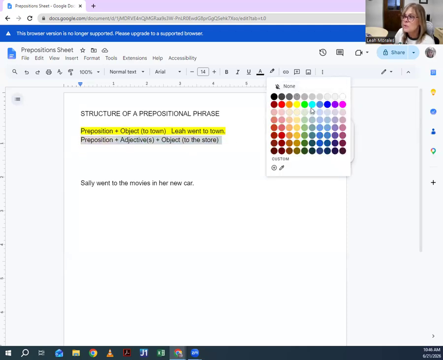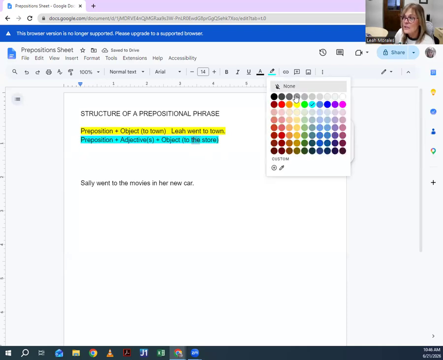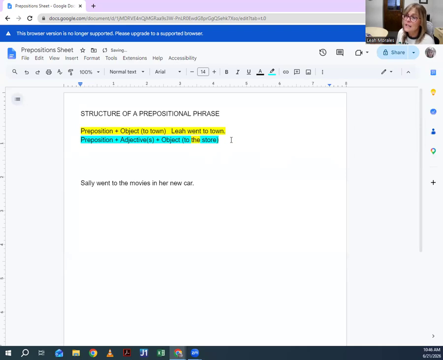Also, you can have preposition plus adjective plus object. To the store. Now, you may not understand that the is an adjective, but in this sentence, it is, because it is telling which store. That means something in your household. If you say she went to the store to get milk, you probably know which store that is, because you probably have the store that you go to get milk, okay?